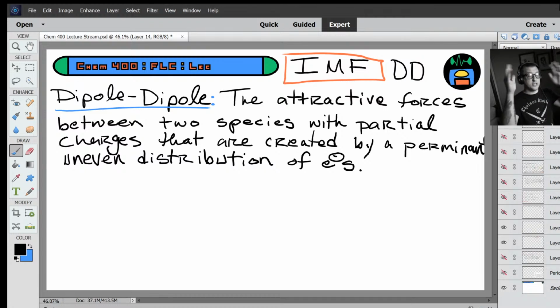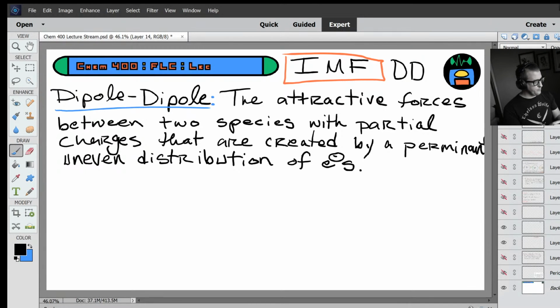You might recall when we first introduced the idea of covalent bonding, we have ionic bonding, right? In an ionic bond, electrons are taken by the more electronegative element away from the less electronegative element. Then in covalent bonding, they're shared between.